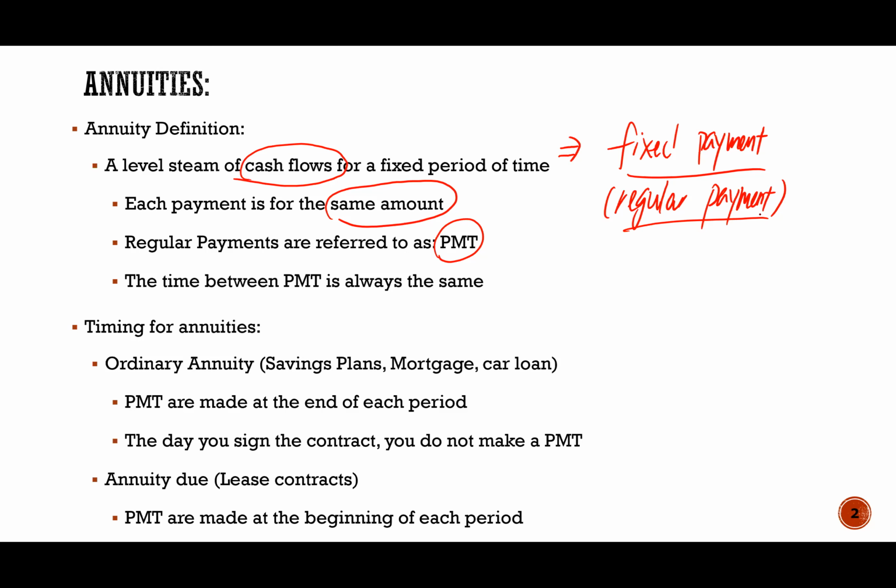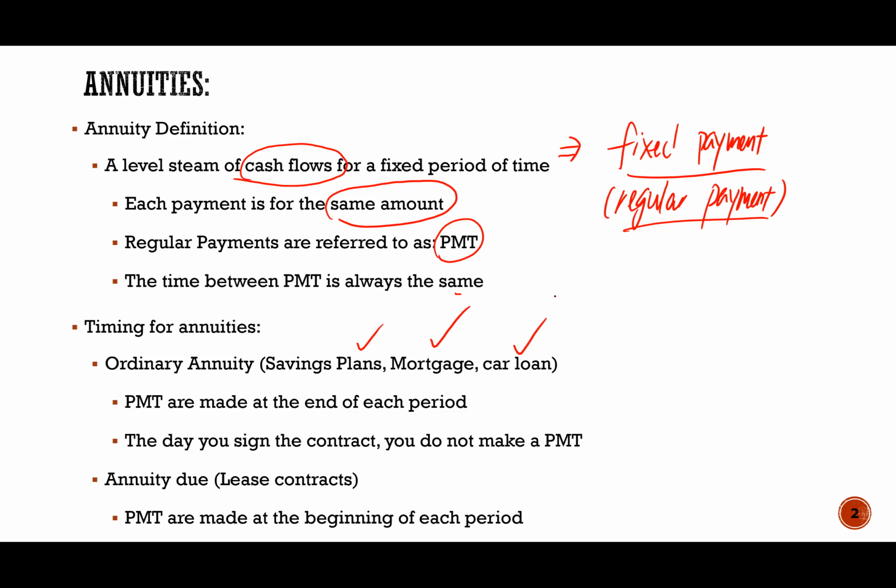And the time between PMTs, the fixed payments, is always the same. So for most financial instruments like mortgages, saving plans, and car loans, you pay back on a monthly basis, so the time between regular payments will be 1 month, right?